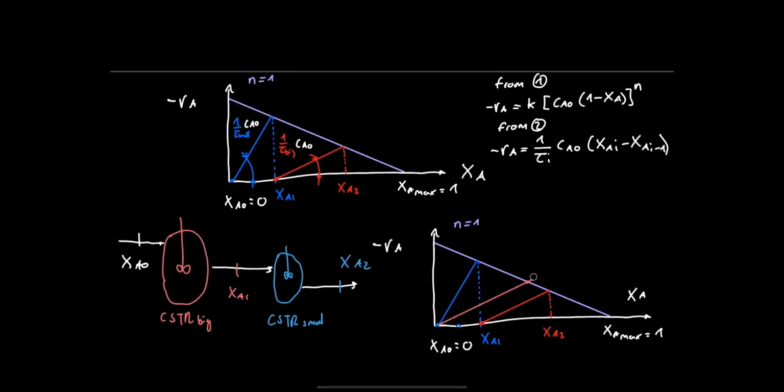And this cross section will lead to the conversion A1. And from here, we would use our small reactor, which would have this exact same slope, with the difference that our entering conversion would be conversion A1 from the big CSTR.